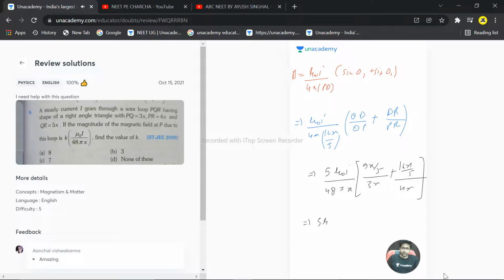This becomes 5 mu naught I by 48 pi x, and 9x by 15x plus 16x by 20x. 3 threes are 9, x cancels out, 3 fives are 15, 4 fives are 20.